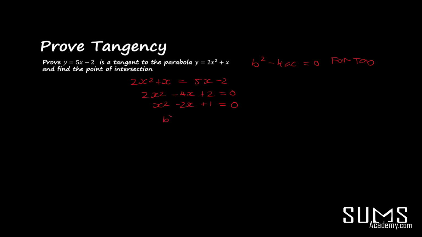We know that b squared minus 4ac should be equal to 0, so let's check it here. Well, b is minus 2, so minus 2 squared minus 4 times 1 times 1. That equals 4 minus 4 equals 0. So that proves tangency. Therefore, the line is a tangent.